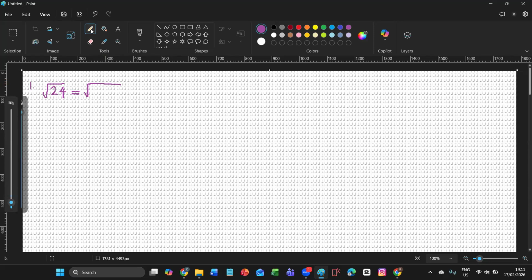But the good thing about 24 is that it is a multiple of usually a perfect square and a non-perfect square. So how would I be thinking? I should be looking for what times what will give me 24, that one of them is a perfect square.